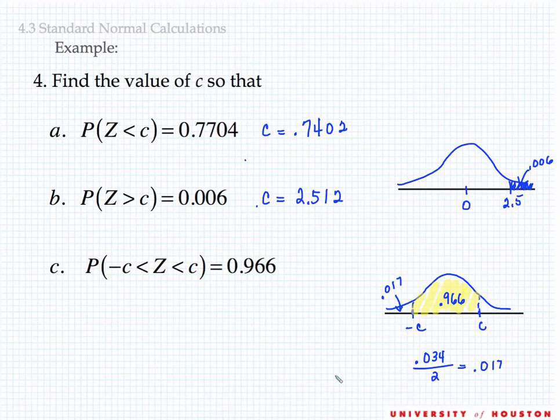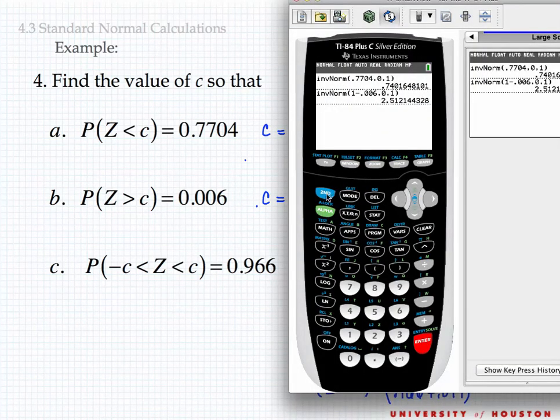So the probability that Z is less than the positive C would be 0.966 plus 0.017. And I could enter this value into my inverse norm, or we could use the formula that I discussed on the previous page.